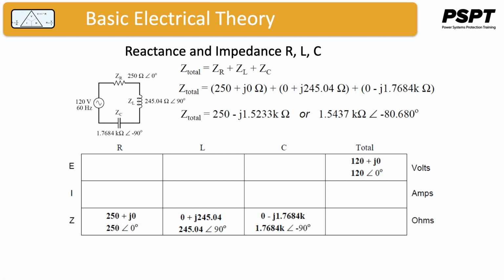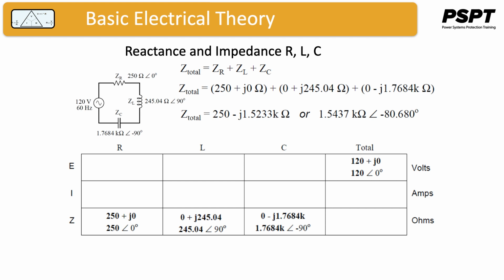Since the above example circuit is a series circuit, we know that the total circuit impedance is equal to the sum of the individuals. So the total impedance is going to be given by the sum of the resistance impedance, the inductor impedance, and the capacitor impedance. So in terms of numbers, that's 250 plus j245.04 minus j1.7684 k ohms.